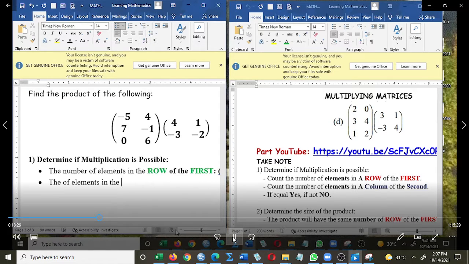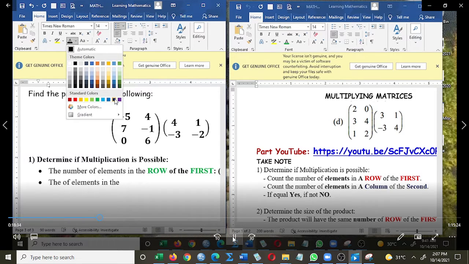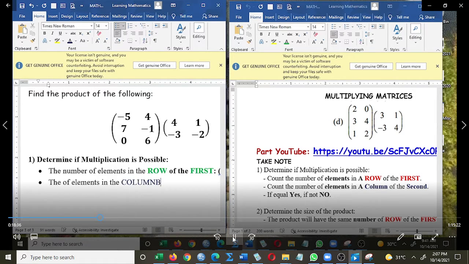Right, so associate the word column with what word? The second matrix. Row of the first, column of the second. Whenever you multiply matrices, take note of that.